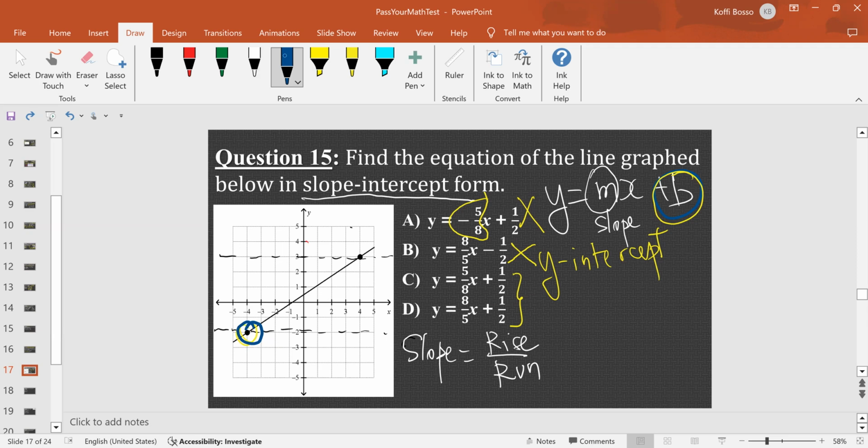Based on the position of my first point, I have to move up. How many units will I move up? Let's count: 1 unit, 2 units, 3 units, 4 units, 5 units. I move 5 units up. And because it's 5 up, that means it has to be positive 5.